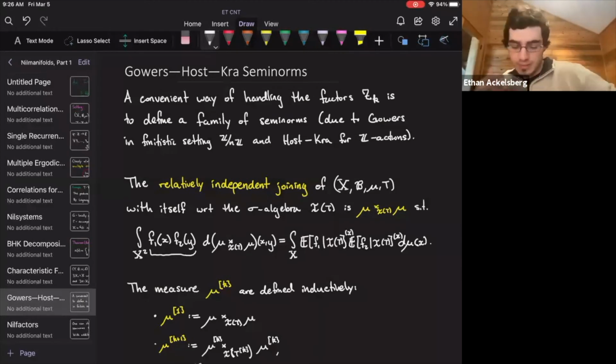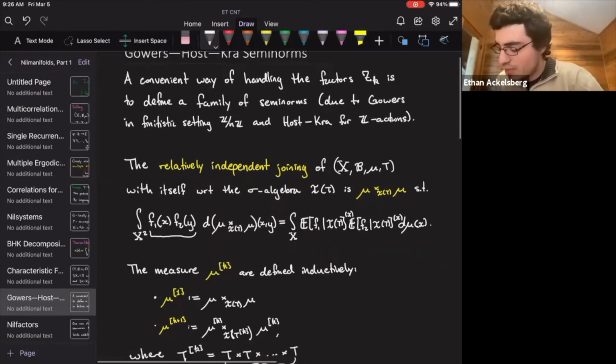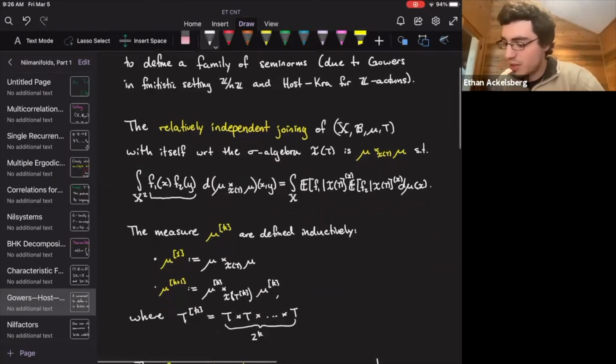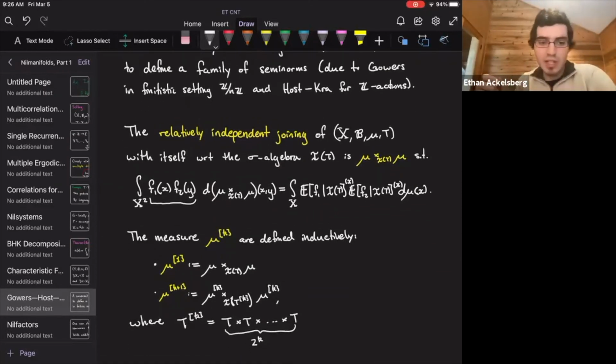So here we're going to get a product measure, but then we can define this inductively. The first stage, we're just taking this over the invariant sigma algebra of T, and then we keep doing this construction with a relatively independent joining, but at each stage now we're looking not at the invariant sigma algebra for T, but for this big product of T, 2^k times.